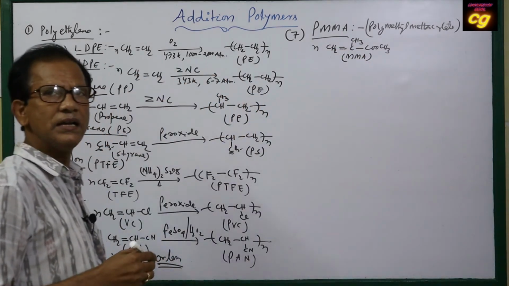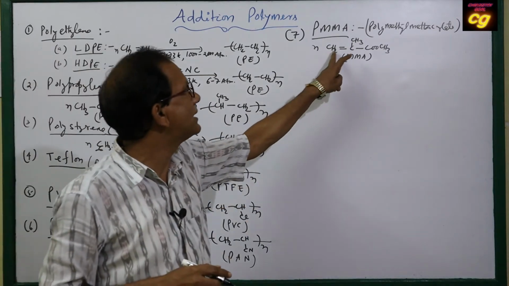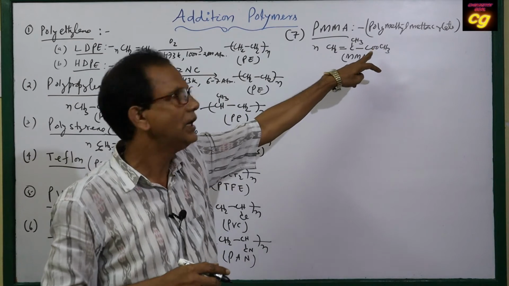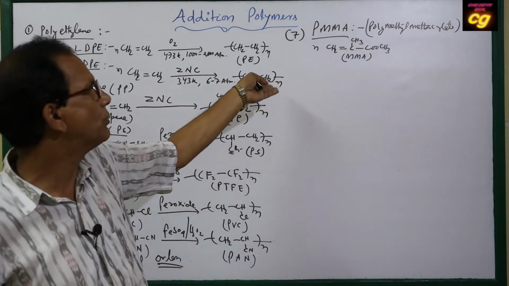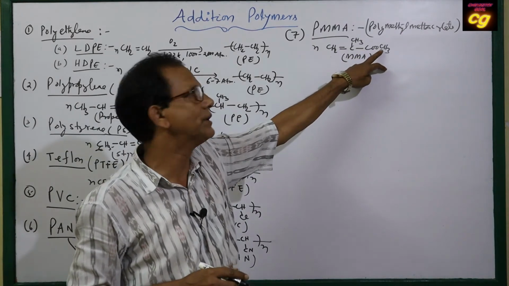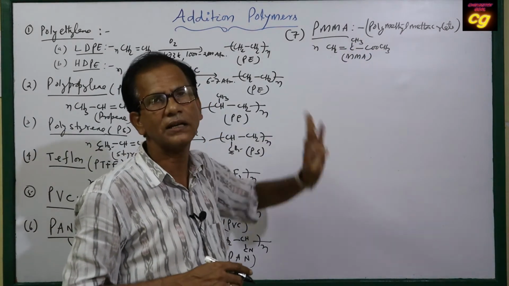Acrylate means ester of acrylic acid. You know, ester has the suffix -ate, so methacrylate, and with the methyl derivative, here it is methyl, so methyl methacrylate.